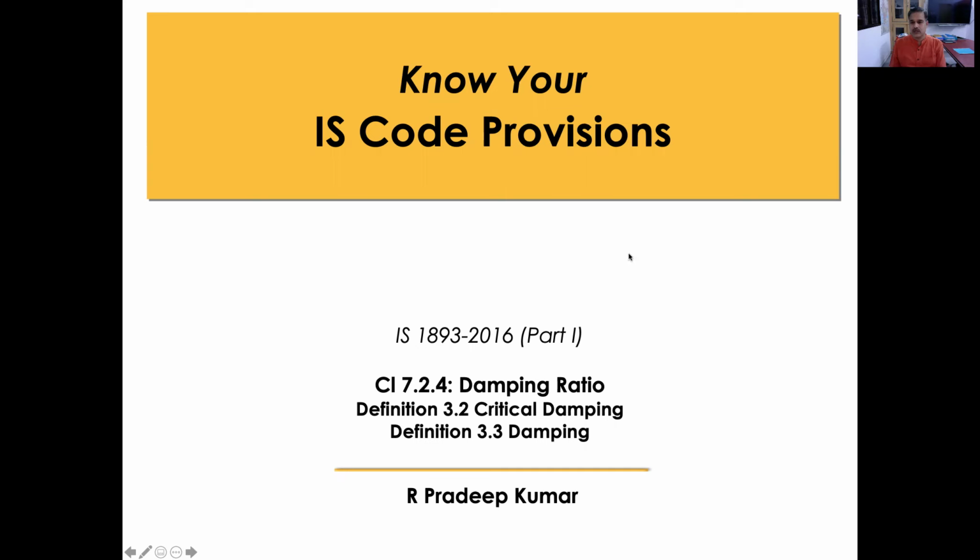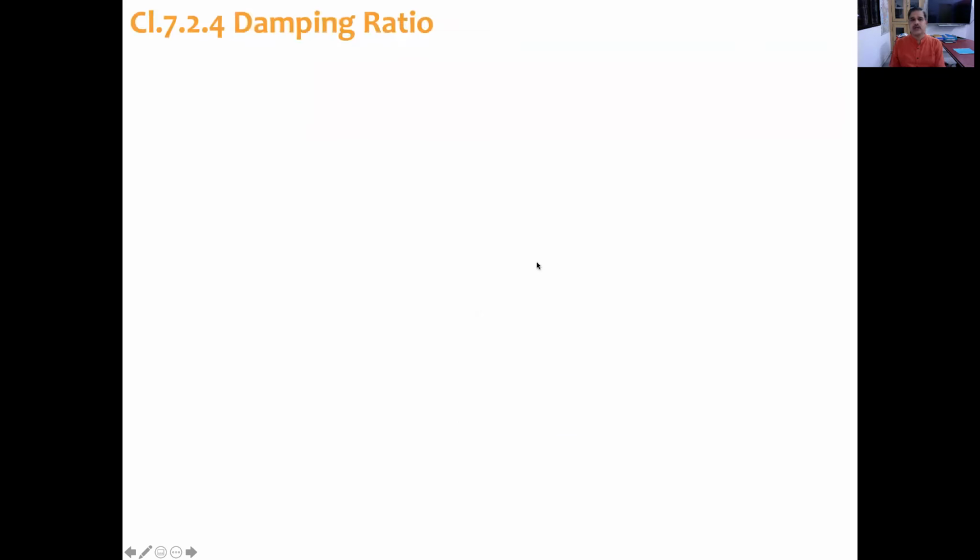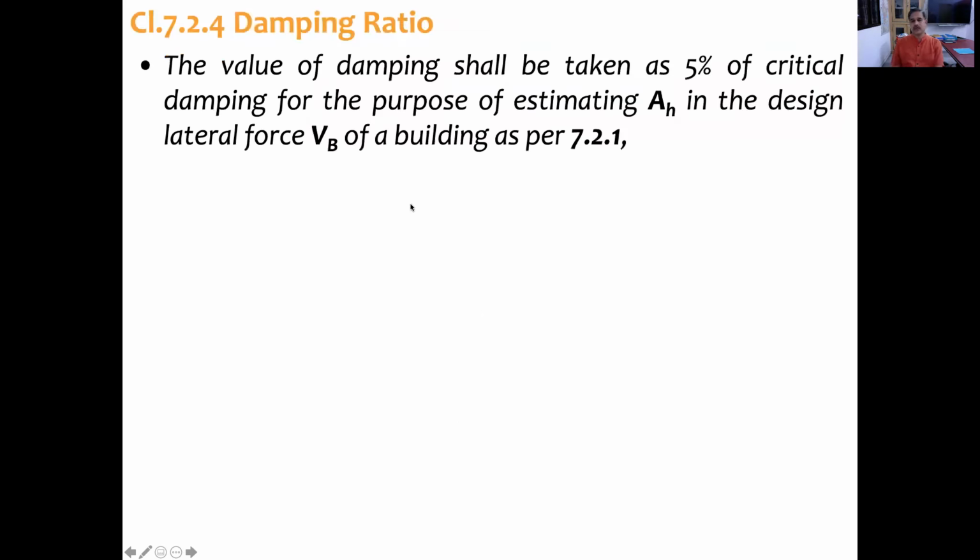So what does the code say about damping ratio? It says that the value of damping shall be taken as 5% of critical damping for the purpose of estimating Ah in the design lateral force Vb of a building as per 7.2.1. This Ah coefficient expression is Z by 2 into I by R into Sa by g.